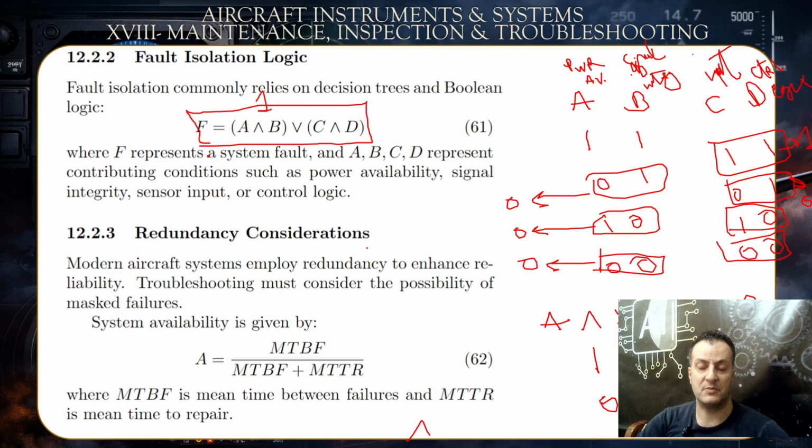This is the premise by which the computer would assess a system failure as a true failure, not as an error in reading the data from different sensors.